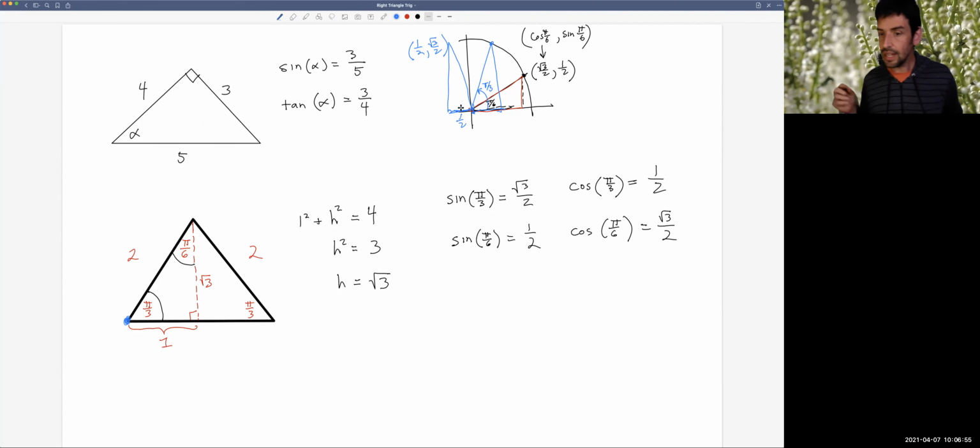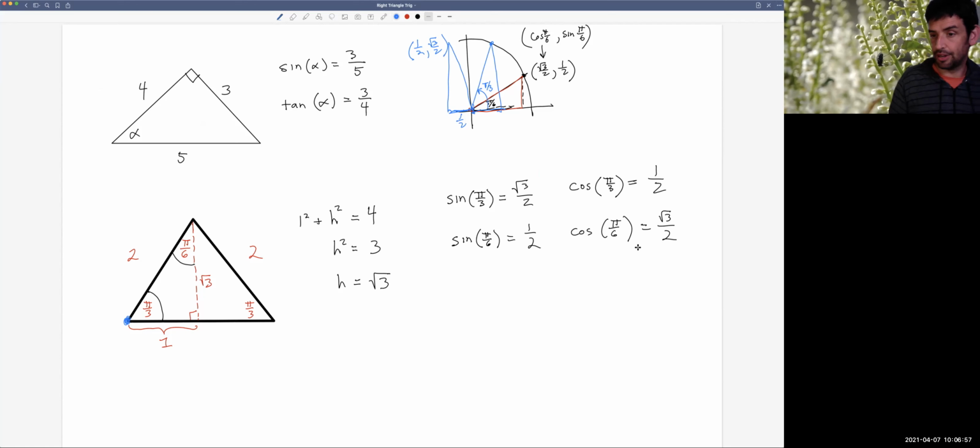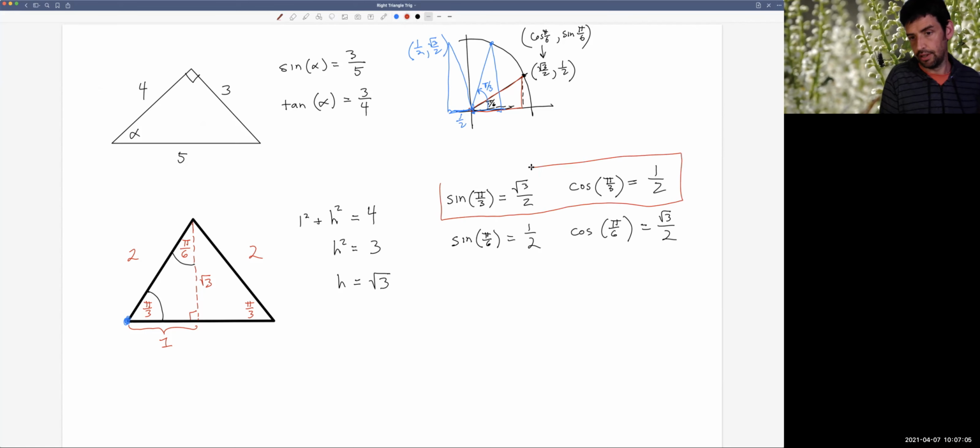Okay. The other thing I want us to notice again is what I pointed out a minute ago. We have these interesting relationships here. Oops, I circled the wrong two things. The cosine of pi over 3 is the same as the sine of pi over 6, right?